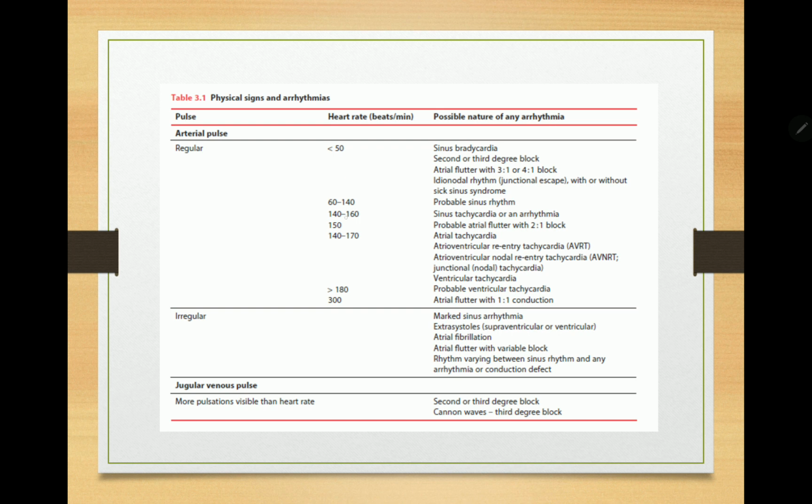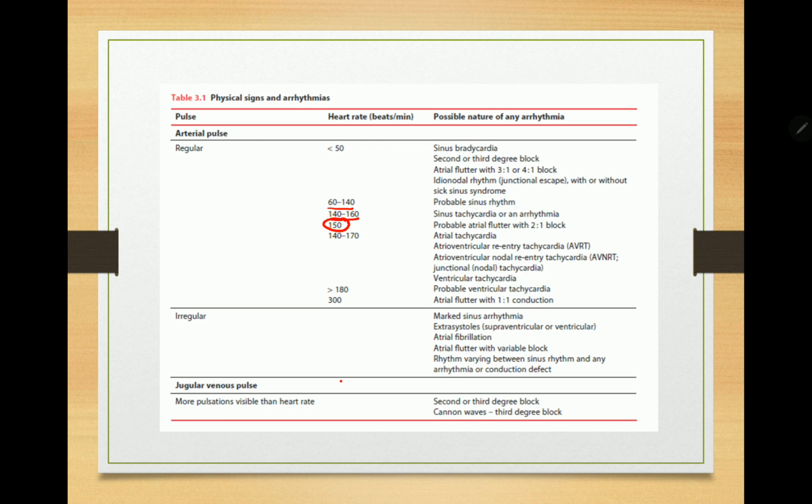This basically gives you an idea of what the rhythm is from the exact rate. The flutter, see here it says 150, so this was the point which I was trying to highlight. So 300 is the number of activities going on in the atria in flutter, and if it's 2 to 1 block, so for every 2 impulses 1 is allowed to pass, it translates into 150 in the ventricle.